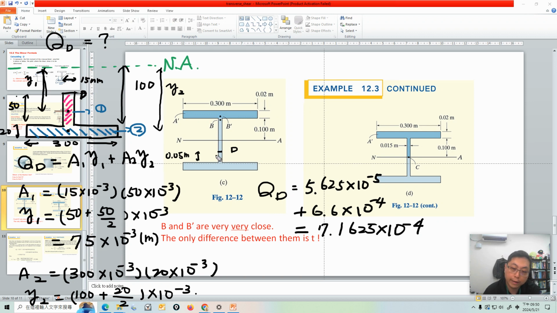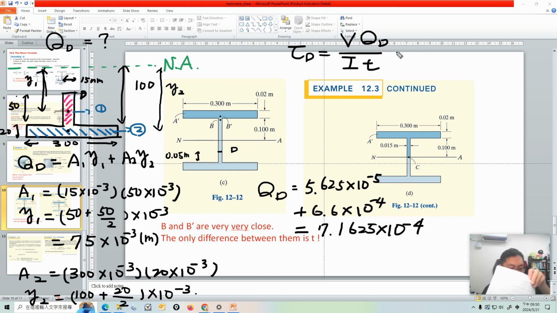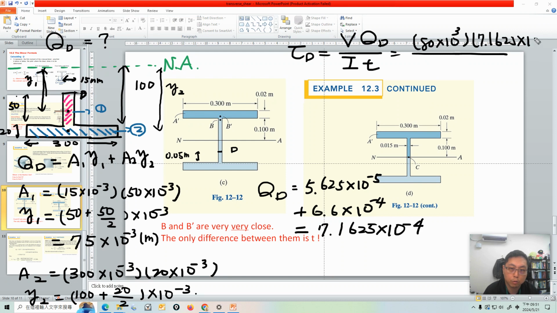If we want to calculate the shear stress at this D point, we have QD here, and the shear stress at D is VQD over IT. You put everything in there. For this problem, the shear force is 80 kilonewton, QD is 7.1625 times 10 to the power minus 4, and I we already calculated before, so I don't want to calculate it again.